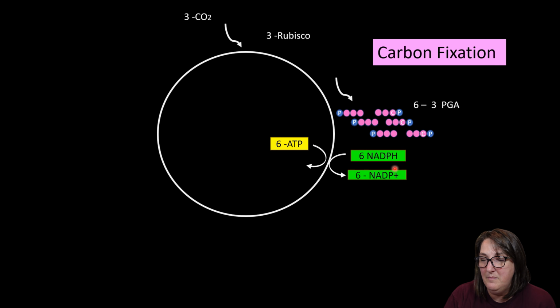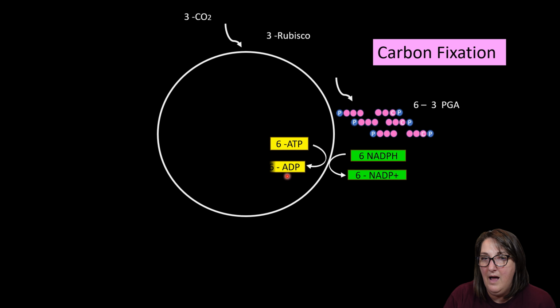This NADP plus is now going to leave, and it's going to go back to the light dependent cycle. This ATP has to use a phosphate to get this endergonic reaction to start to work. Remember, endergonic, it doesn't want to, so this has to start that reaction to get it going.